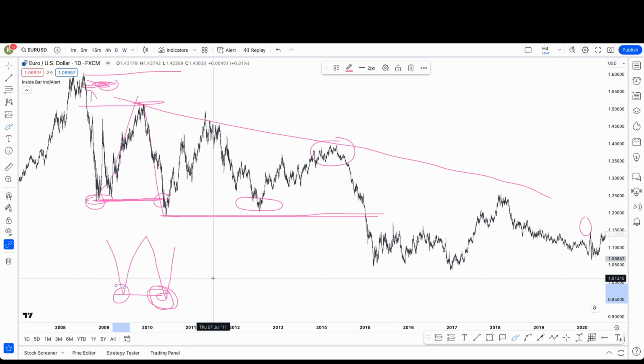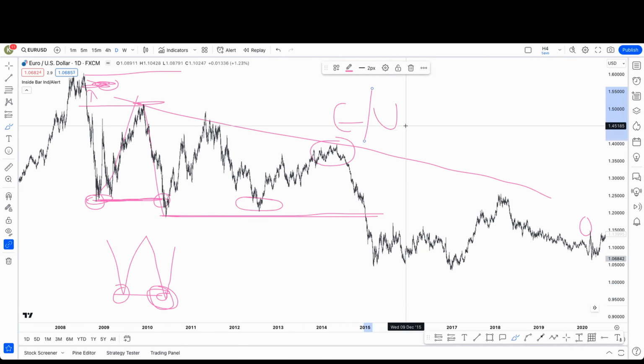So EUR/USD fundamentally is probably going down. US dollar stronger, euro weaker. With the euro being at the start, EU is the trading term, it should be going in that direction. Euro being the lead, US dollar being the second one.